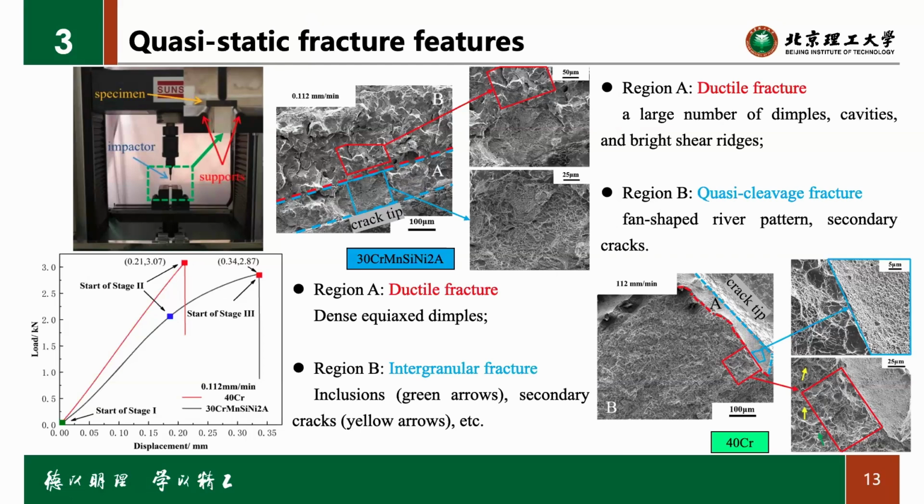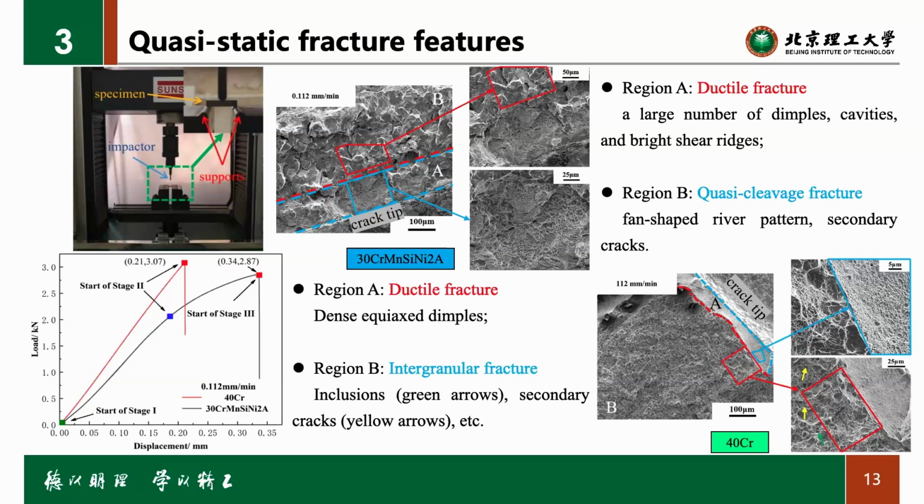Yeah, region A is near the crack tip, so there is a ductile fracture, such as dimples and bright shear ridges. And in region B, this is the quasi-cleavage fracture, such as the fan-shaped river pattern and a secondary crack.